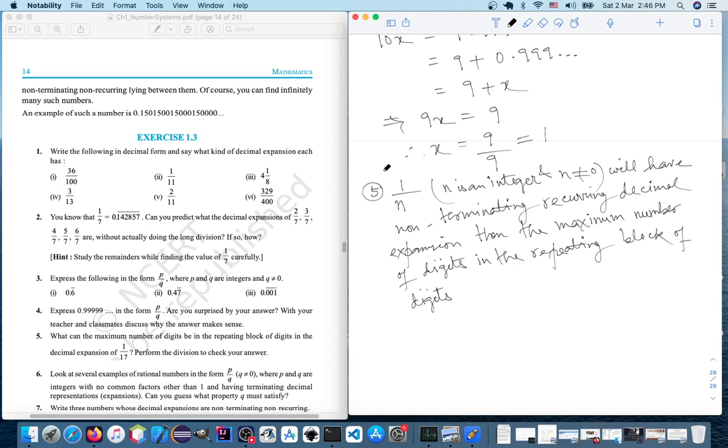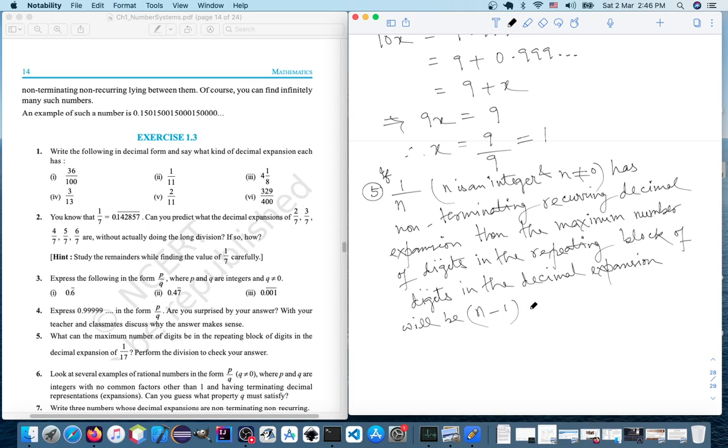It's better to write: if 1 by n, for n an integer and not equal to 0, has a non-terminating recurring decimal expansion, then the maximum number of digits in the repeating block of digits in the decimal expansion will be n minus 1.